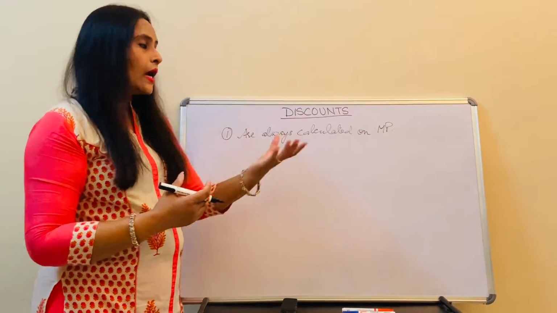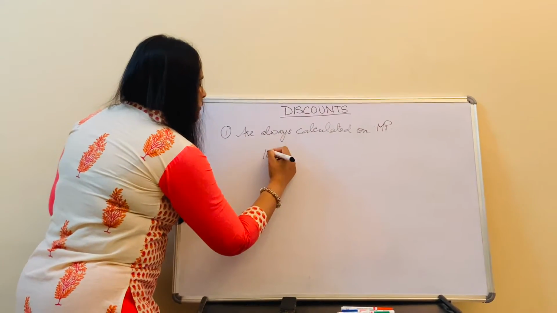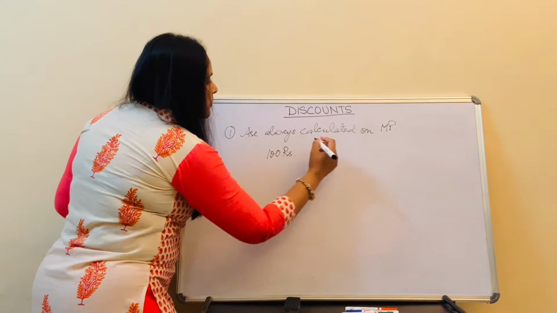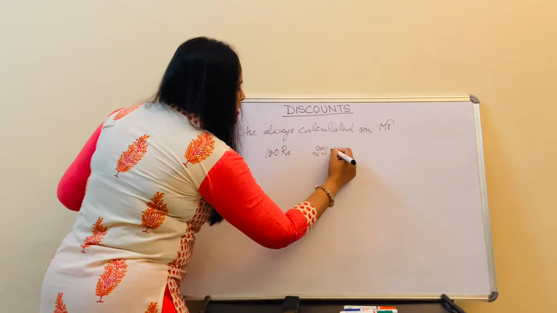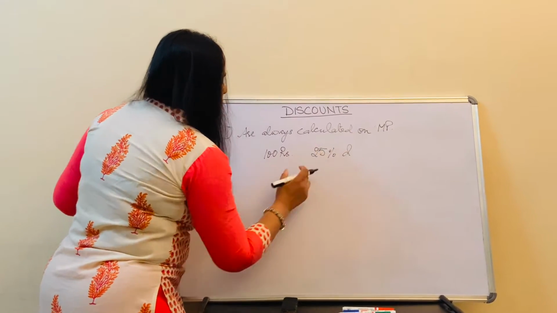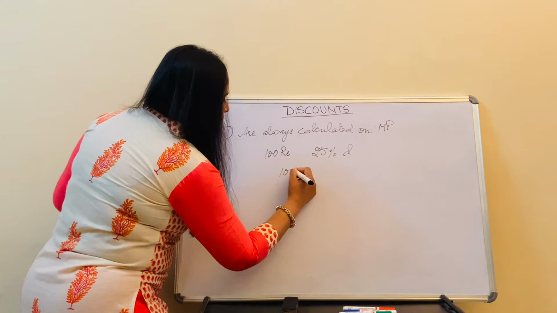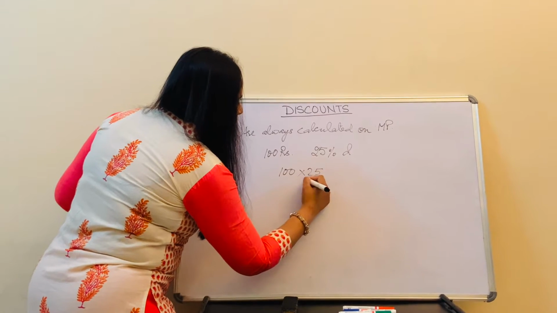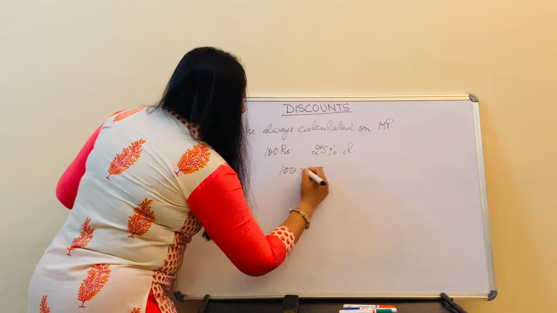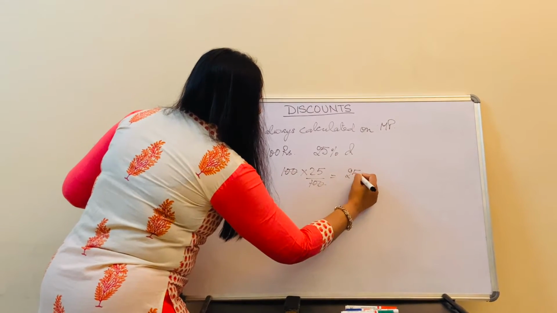Suppose an article has a marked price of 100 rupees and the shopkeeper gives you 25% as discount on this. The calculation will be 100 into 25 by 100, which comes out to be 25 rupees.